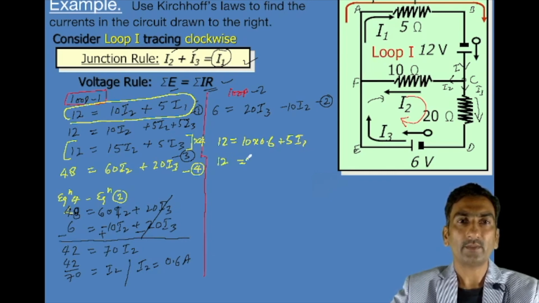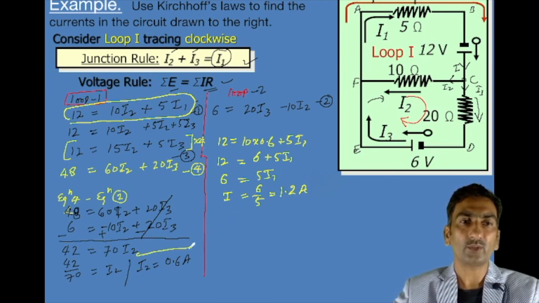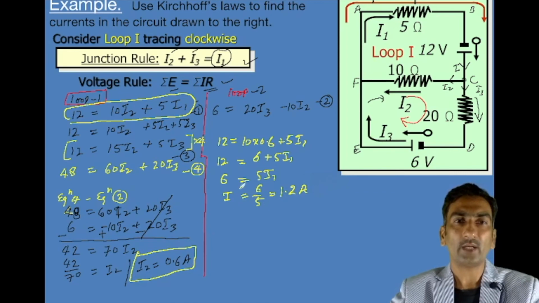So 12 is equals to 6 plus 5 I1. So 12 minus 6 is 6, and 5 I1. So that means I1 would be equals to 6 divided by 5, and that is 1.2 ampere. So we got the I2 here 0.6, and I1 we got it here 1.2 ampere.